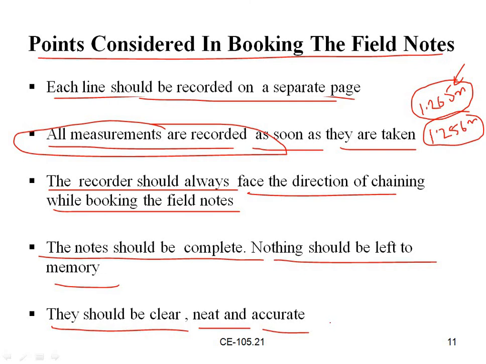The field book papers should also not be torn; in the field book every paper is important. Whatever readings you take should be taken very accurately. That's why they should be very clear, neat and accurate.